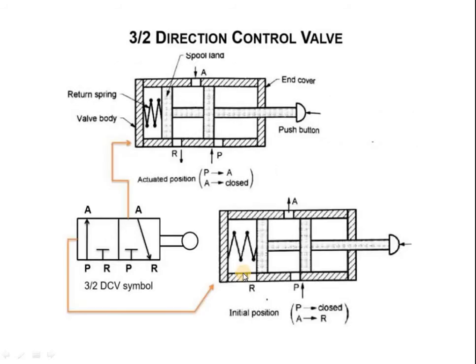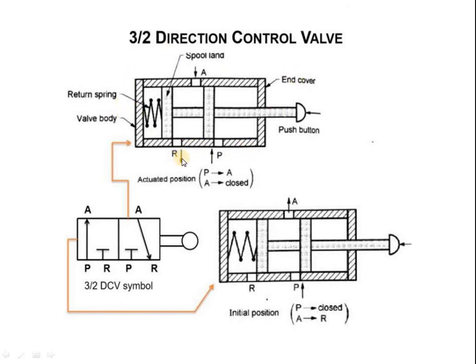Similarly, if you come to the 3/2 DC valve, the first number, 3, indicates the number of ports, and the second number is the number of positions. So first you can identify the 3 ports here. The first port is the pressure port, the second port is the working port A, and the third port is the return port R. Here there are 3 ports and 2 positions.